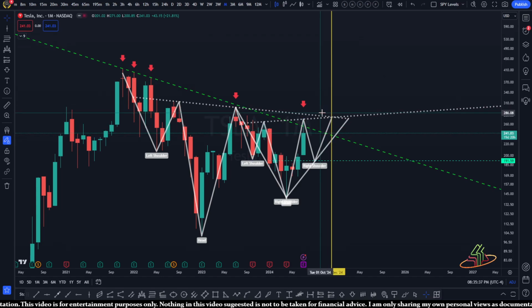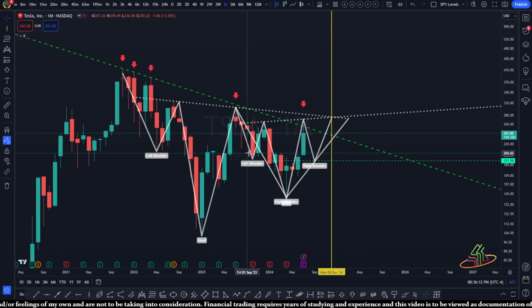Now, Tesla likes to break out around Decembers, right? Or break down, right? So we got November, December, we got Tesla breaking down. We find another one. January's Teslas like to break out, or break down, for the most part.